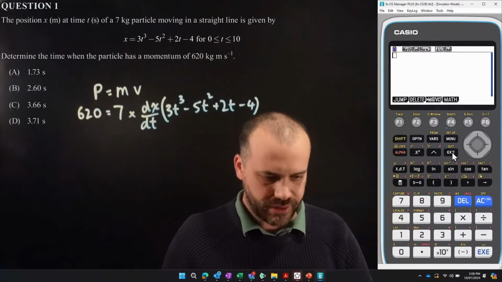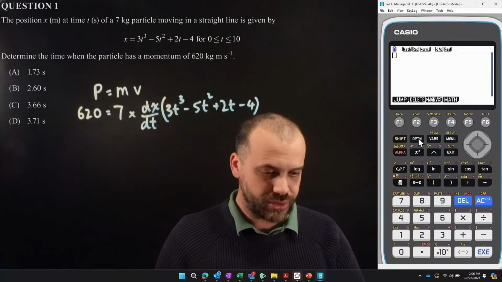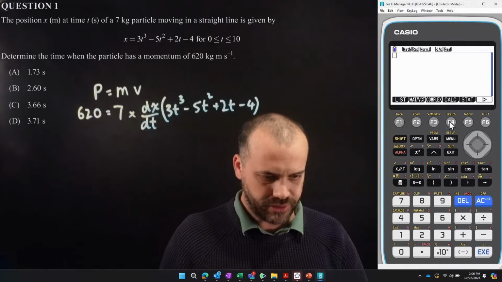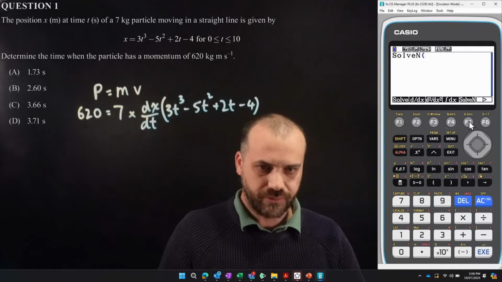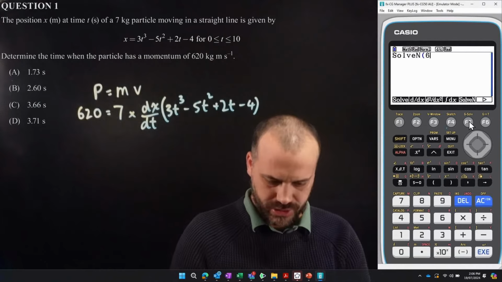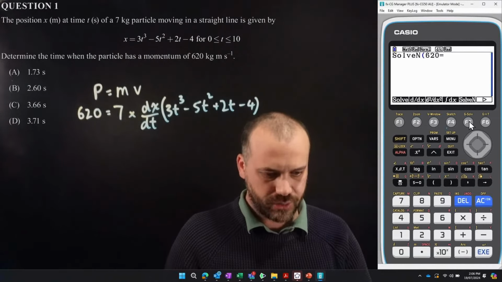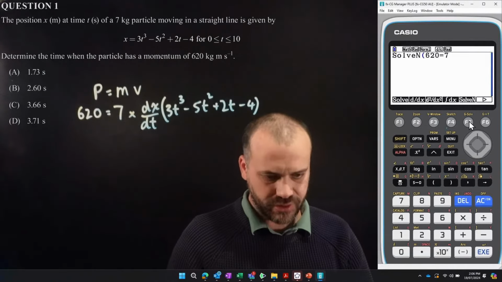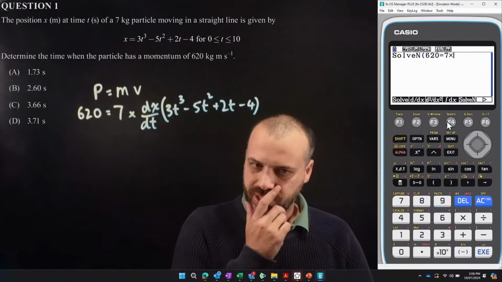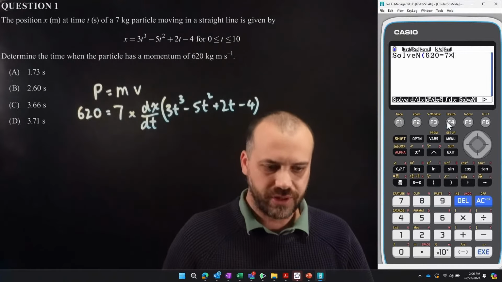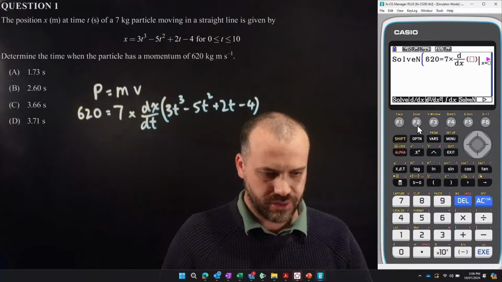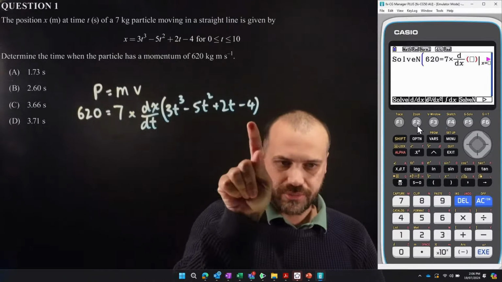So here's my calculator, and I'm going to click Option because I want to do some calculations. So Calc, and I'm going to solve my equation here. So the equation is 620 equals, and then I have 7 multiplied by, and then I've got this derivative here, so I'll just use that one there, and then I type in my derivative.